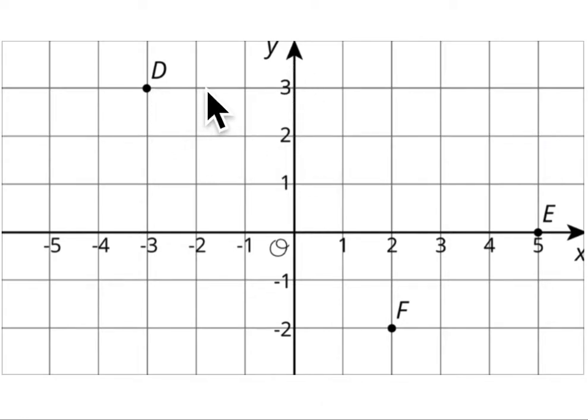So D is going to move this way at a right angle to Y and an equal distance on the other side. E is going to move this way, perpendicular to Y, forms a right angle, moves an equal distance on the other side, and F likewise moves at a right angle to Y and an equal distance on the other side.